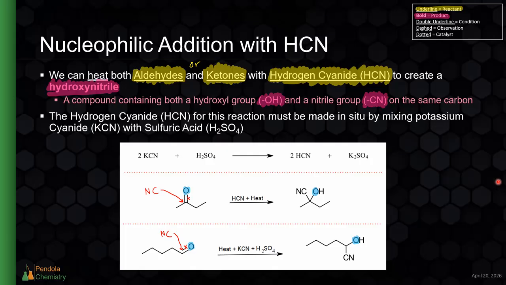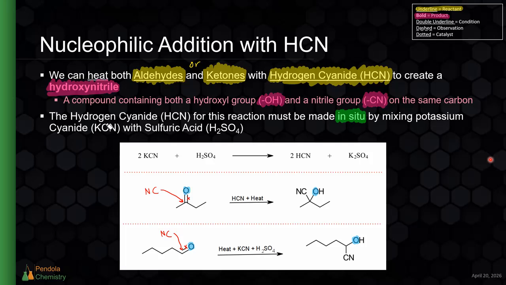Now, one of the things about this reaction is that the hydrogen cyanide that reacts in this reaction has to be made in situ. And if we remember from prior chapters, in situ means on site, meaning that we are not going to add hydrogen cyanide. We're going to add two reactants that create hydrogen cyanide.